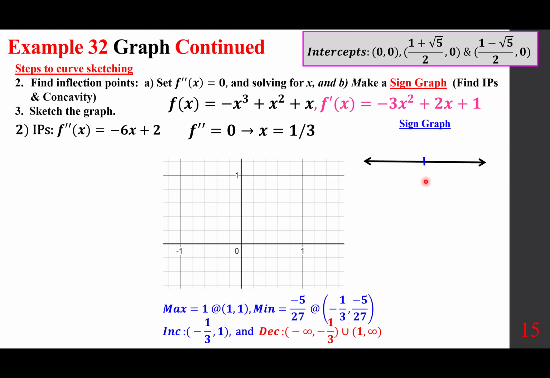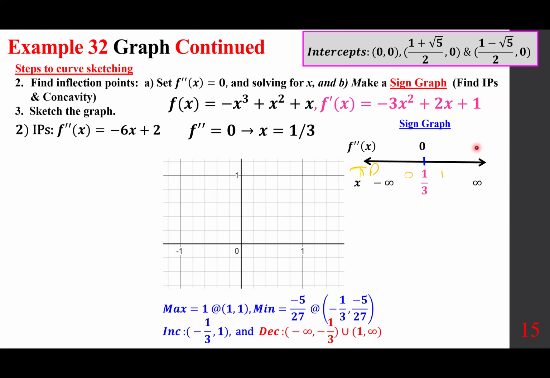You go with the number line from negative to positive infinity. You put the number here, and at this point, f double prime is 0. As you can see, it's of degree 1 and has one answer. So basically, you look up a test point, TP, to the left of 1/3, 0, to the right, 1, just try 0. If I put 0 here, I get positive 2.